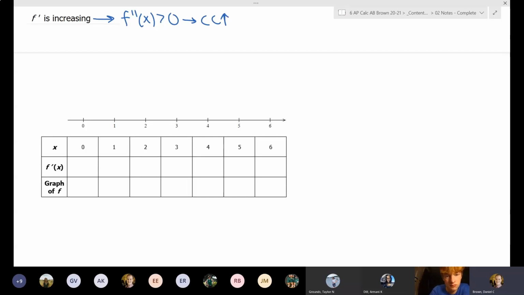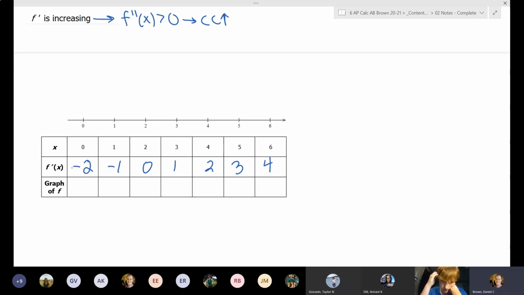So I have a generic number line here, and if I say f prime is increasing, I can just pick any random number and just start increasing those numbers. Literally what that means is that my slopes are getting bigger and bigger and bigger. They are increasing in value.